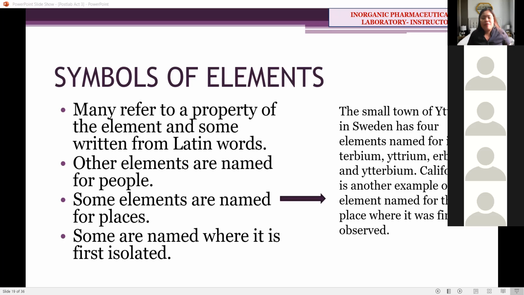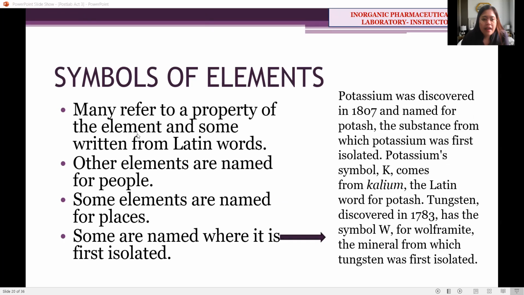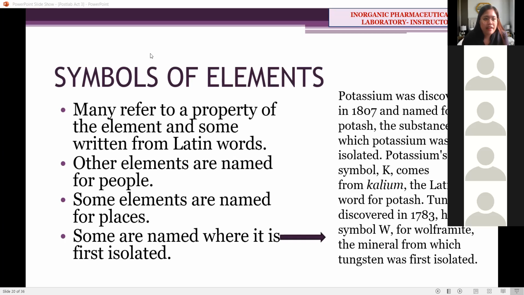And then we also have another example, californium. So from the name itself, kabalo na kung asa siya gipangalan. Diha siya first na-observe, diha siya first na-discover. Californium from California. So pwede na siya ang reason nganong mao na ang pangalan sa element. Gikan siya sa place. And lastly, we have some named for where they were first isolated.